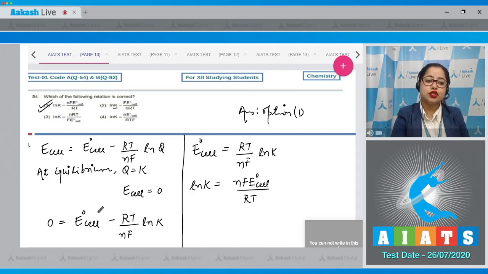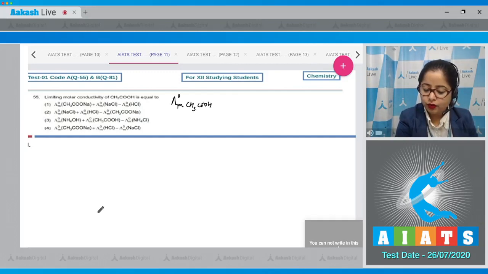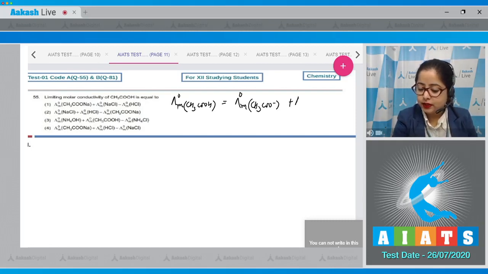Moving to next question, students, which is question number 55. Let's read the question. Limiting molar conductivity of CH3COOH, that is acetic acid, is equal to. Student, for this question, first of all, we need to know that limiting molar conductivity of CH3COOH is equal to limiting molar conductivity of CH3COO minus plus limiting molar conductivity of H plus.